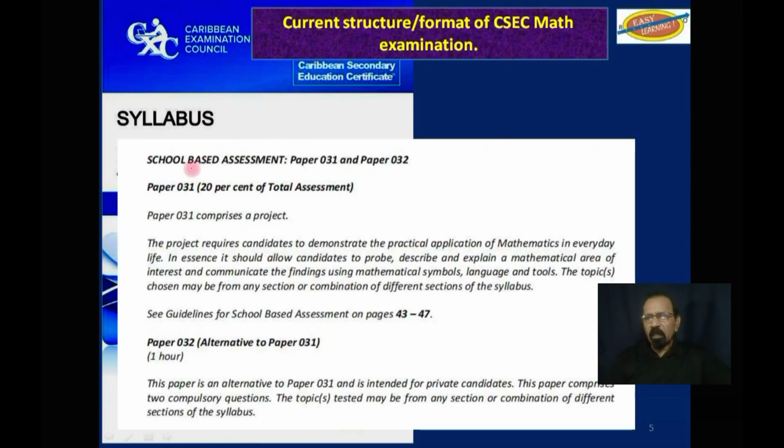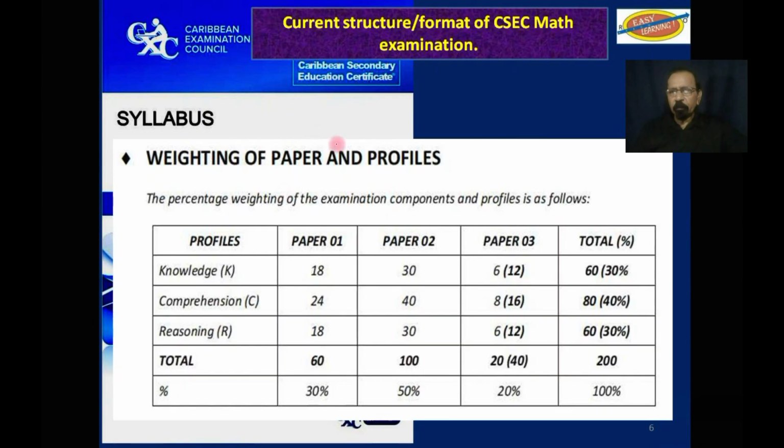And then there is the SBA, school-based assessment. If you are a student in school, that is done in the school itself, directed and guided by the teachers. And if not, you will write an alternative paper for 1 hour along the same pattern as the SBA structure.